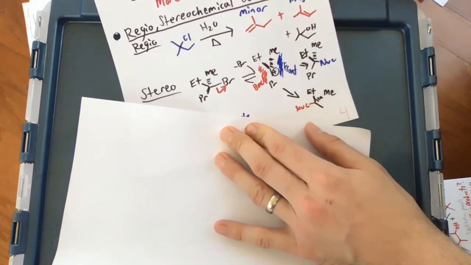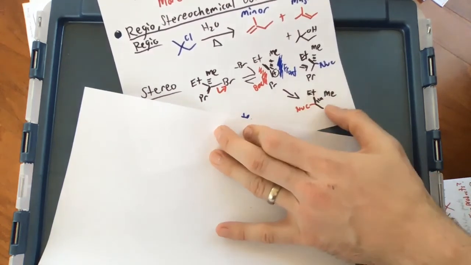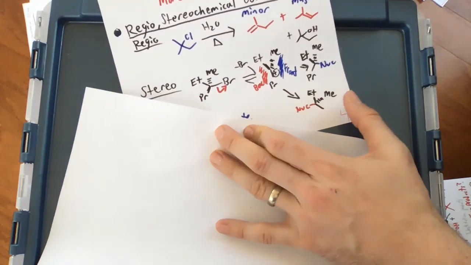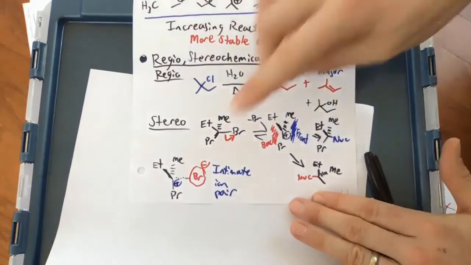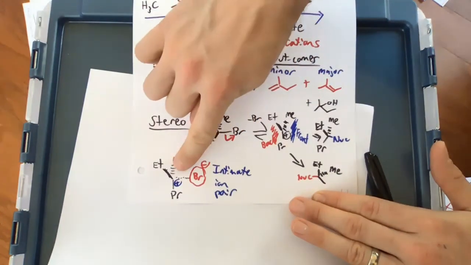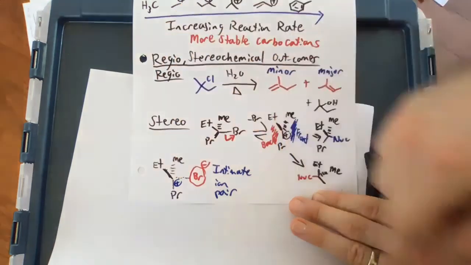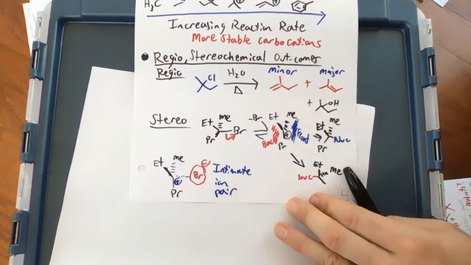And that's mostly true. If you do this reaction, you'll get almost 50-50 of each product. But it's not totally 50-50. The reason is that as the bromide is leaving, it has a negative charge and it is leaving a positively charged molecule. That's not going to happen very quickly just due to electrostatic interactions. That's just physics.